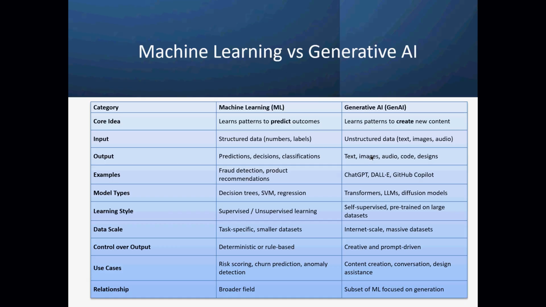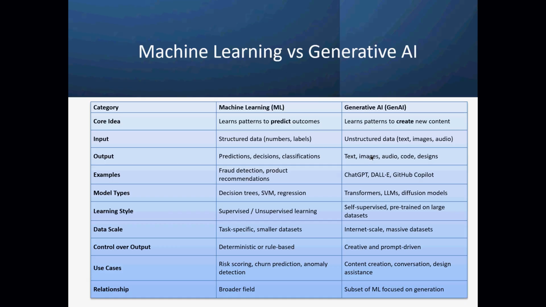Examples for machine learning: fraud detection, product recommendations. For generative AI, we already know we are using ChatGPT, GitHub Copilot, and DALL-E is another model we can use.